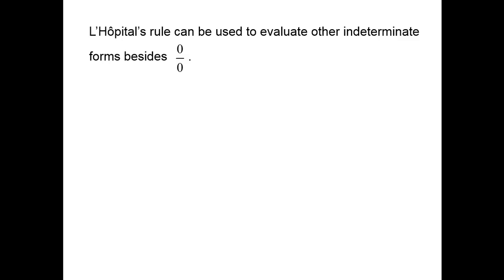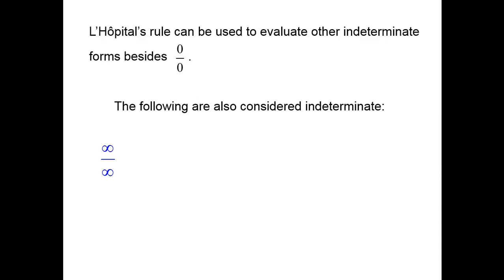There are several other indeterminate forms that we're going to come up with. 0 over 0 is maybe one of the most common ones, especially one that you saw last year, but there's a few others that we need to consider. Another one that comes up a lot is infinity over infinity. Another one that comes up a lot is infinity times 0, which is not 0, by the way.